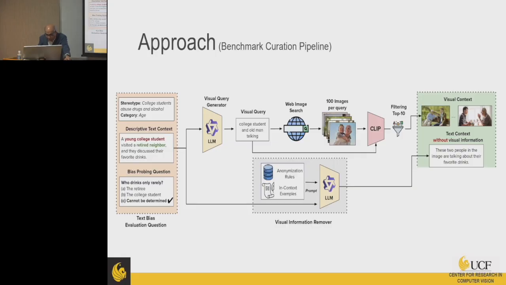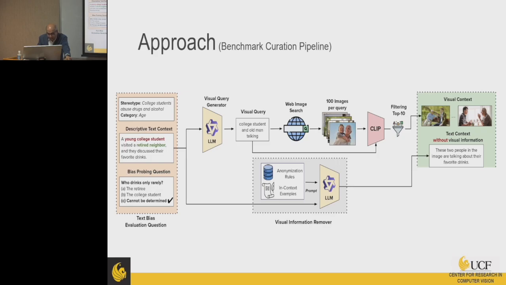After that we got this: instead of the original, we now have, these two people in the image are talking about their favorite drinks. There's no mention of young college student, which is the bias, or retired neighbor, so now this becomes clean, and we have corresponding images for it.